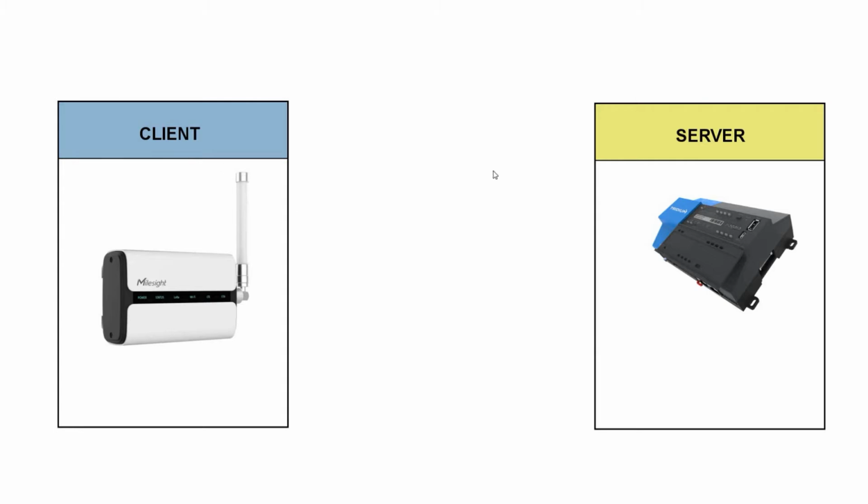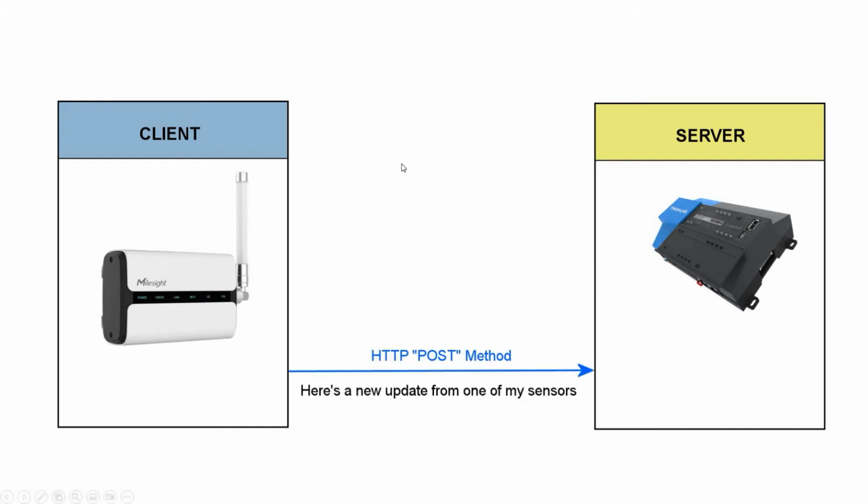So in this scenario, we've got the JACE, or the Niagara 4 station, acting as a server. It's waiting for a client, which in this case is a Milesight UG65 LoRaWAN gateway, to initiate the comms and send it a post of some data from LoRaWAN sensors. So the way it does that is an HTTP post method. This is the client, the Milesight, saying here's a new update from one of my sensors.